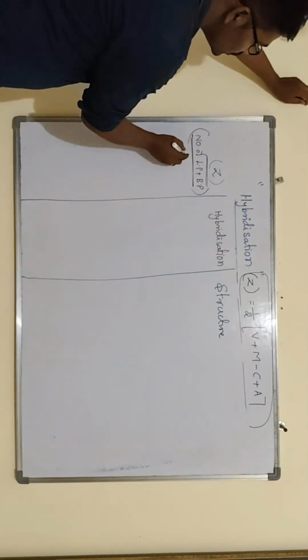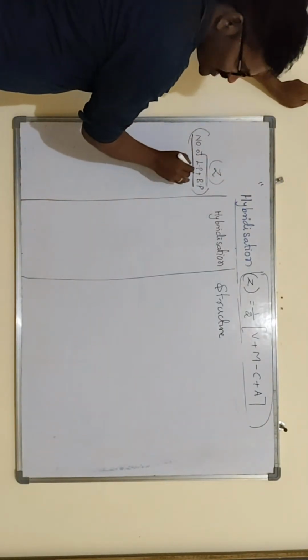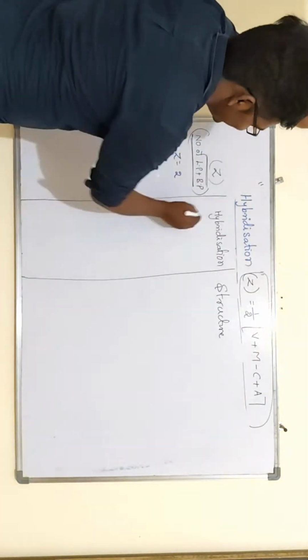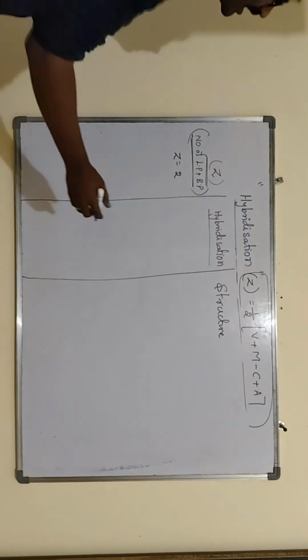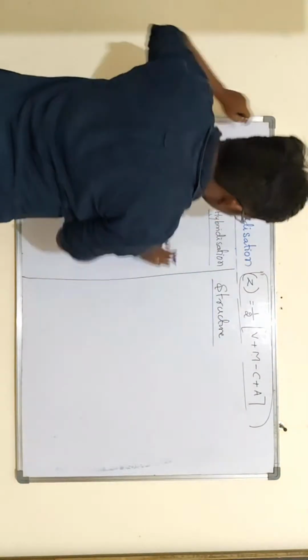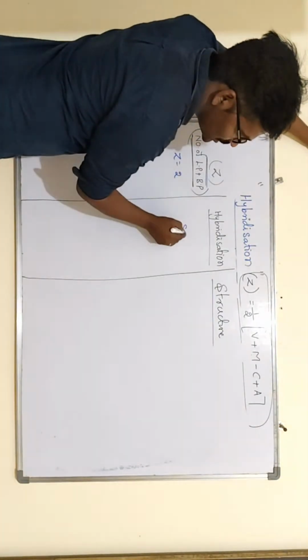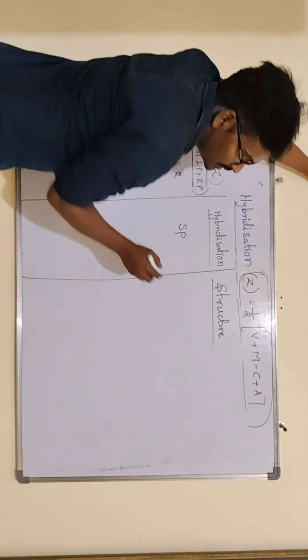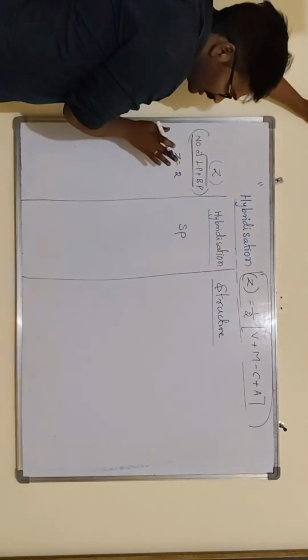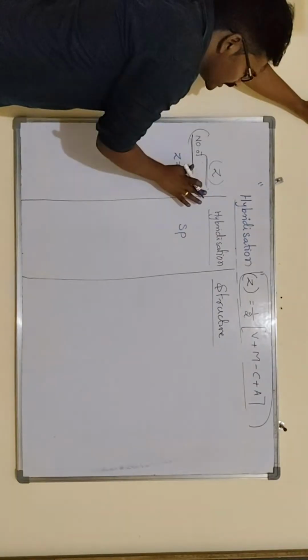So Z value, in case if you get 2, Z value 2, then hybridization, we know that SP hybridization, right? So look at structure, how to write. So in case, just assume it here. So only bond pairs are there.